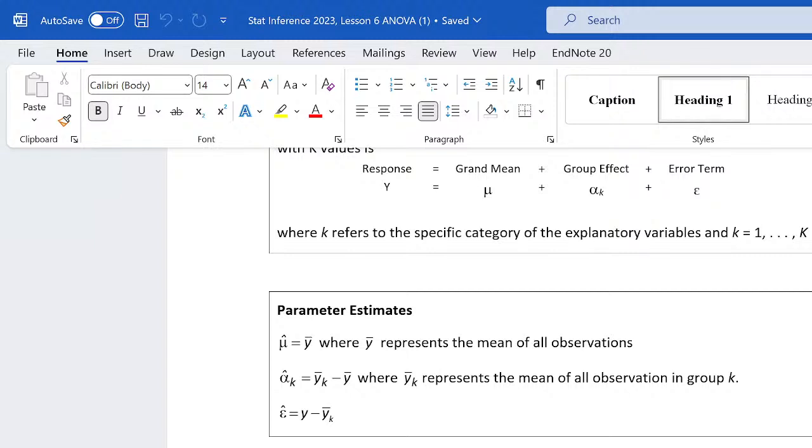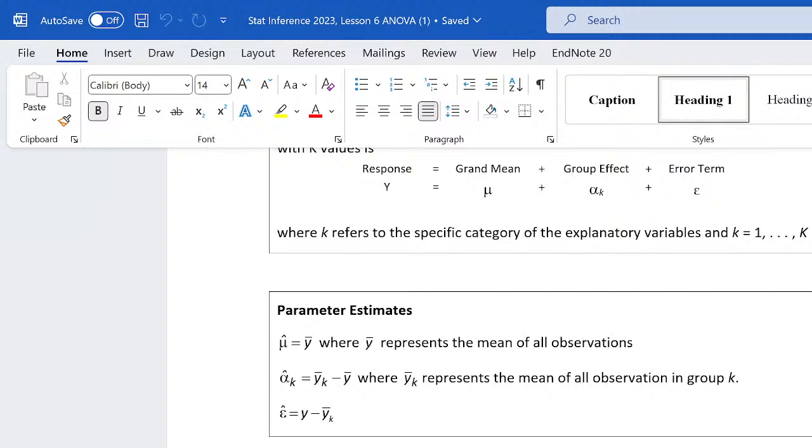Now, the third model is a two-way with interaction. This one says maybe the female mice reacted differently. This is a gamma subscripted kj, and that's an interaction effect. Did the female mice react differently to maybe some of the higher doses?